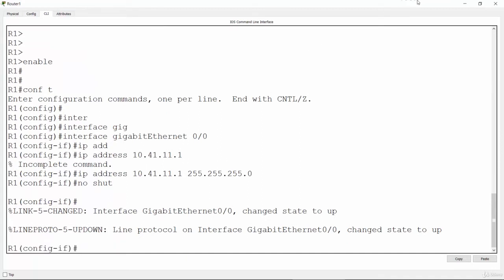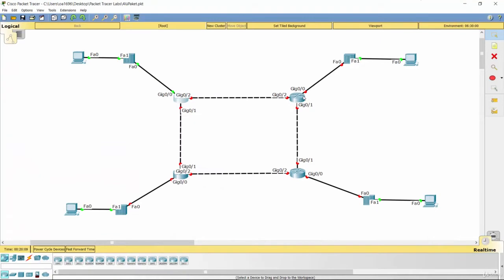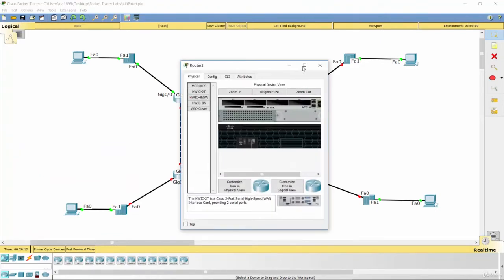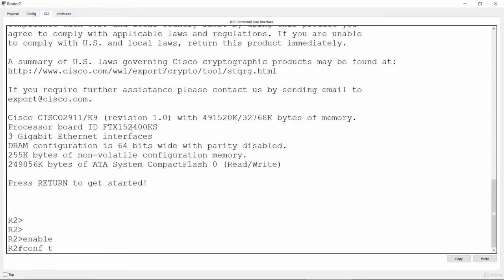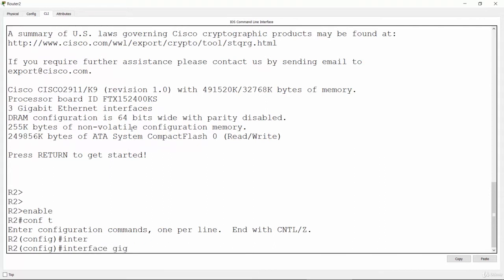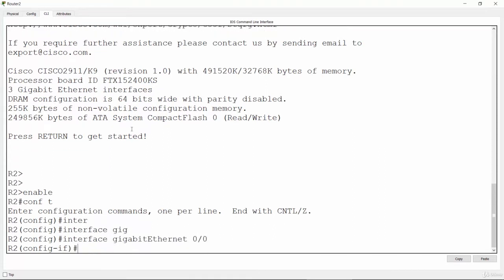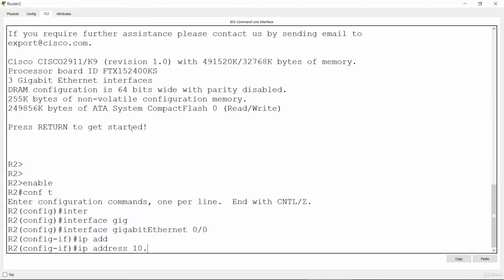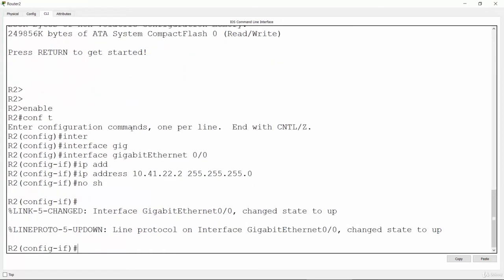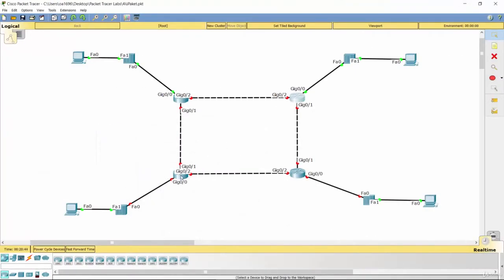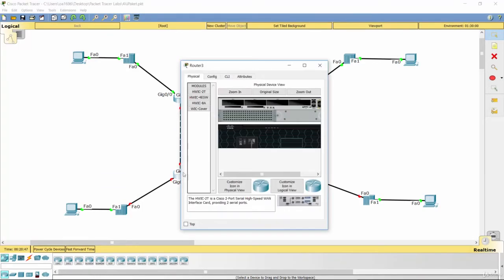Router 1 is okay. Now I'm going to configure router 2. CLI, enable, config, interface gig0/0, IP address 10.41.22.2 255.255.255.0 and no shut. Pretty cool. It's time to take a look at router 3 too.